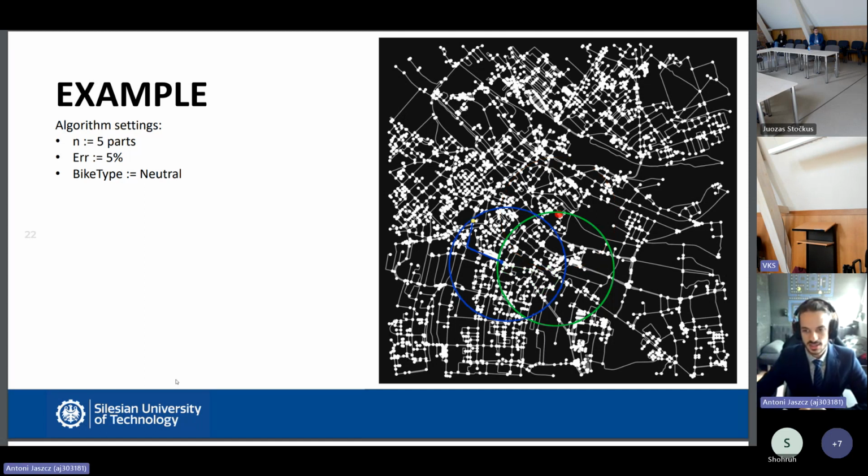And this is then repeated a certain amount of times, to be exact, n times. After each time, we check if the total length falls within the estimated error.